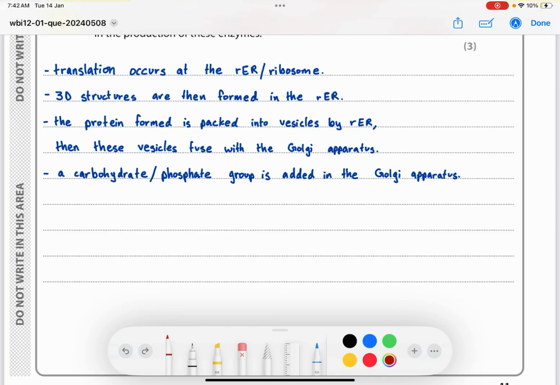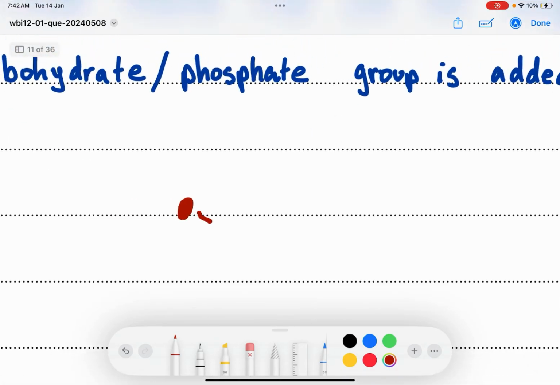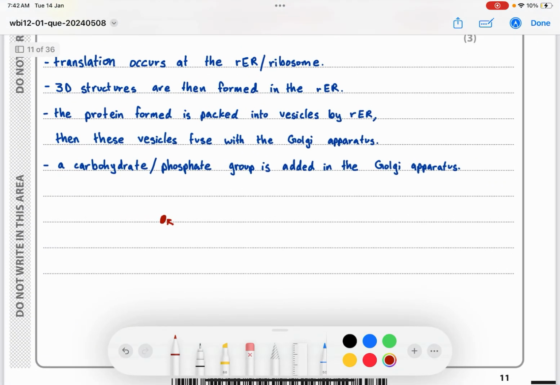This is mostly from my memory, guys. This is a ribosome, right? And inside of this ribosome, we have polypeptide chains. We have a chain, and this chain is going to go ahead and form a 3D structure.